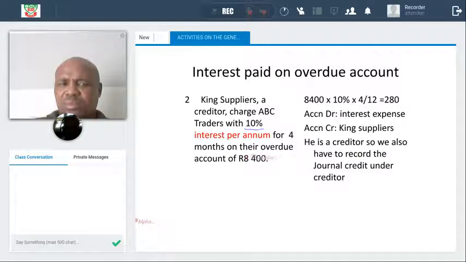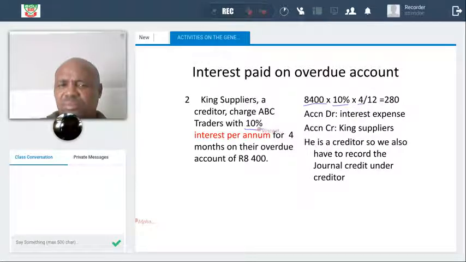So we come to the amount now, 8,400, multiplied by 10%, for 4 months. It was per annum, so it's 4 months out of 12 months, which gives us 280. What are the two accounts concerned there? Interest expense.